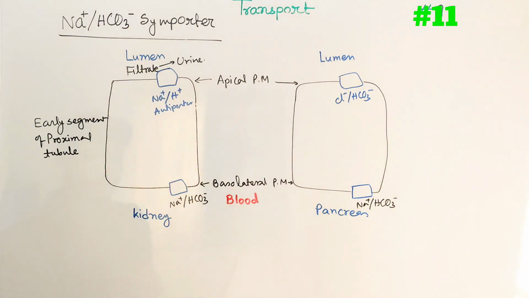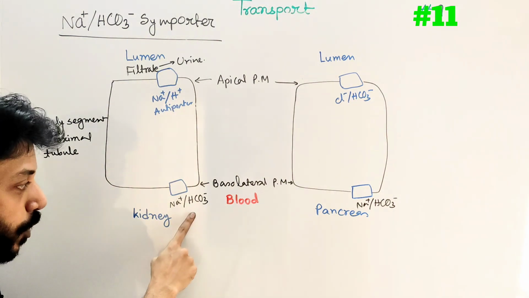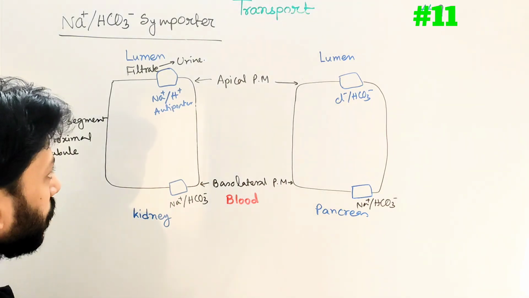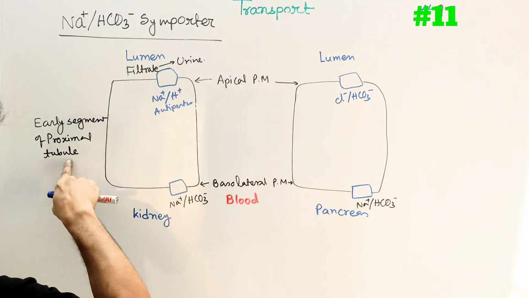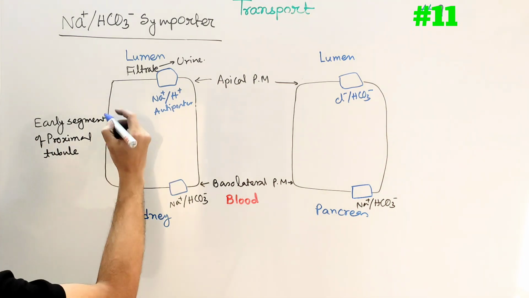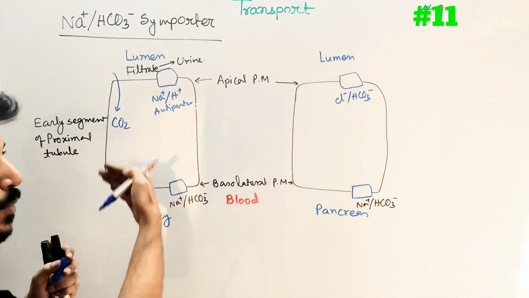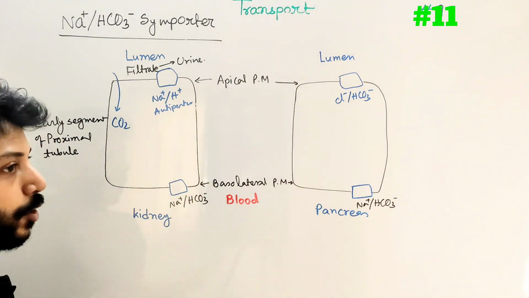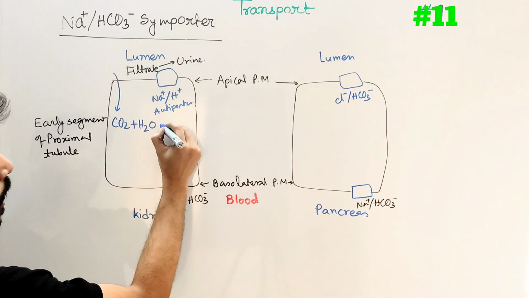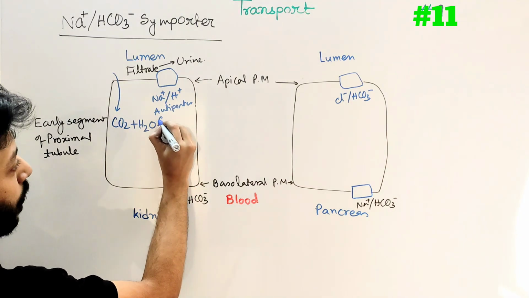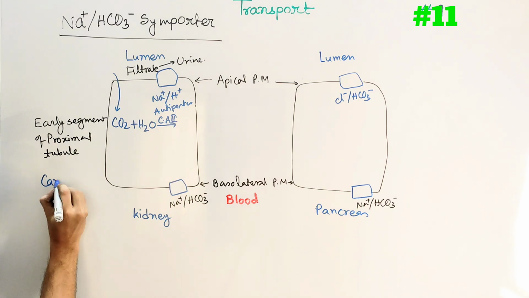Okay. Now at first I will explain what is the function of this sodium bicarbonate symporter in the kidney. Basically, in the epithelial cells of proximal tubule, carbon dioxide can diffuse inside the cells or can be generated by the cells also by aerobic metabolism. It reacts with water and one enzyme present called carbonic anhydrase 2.